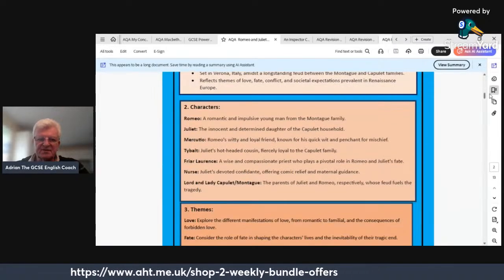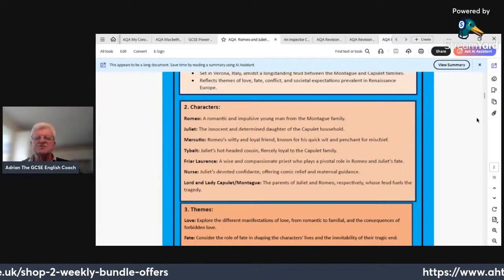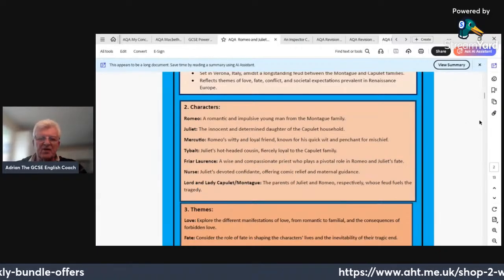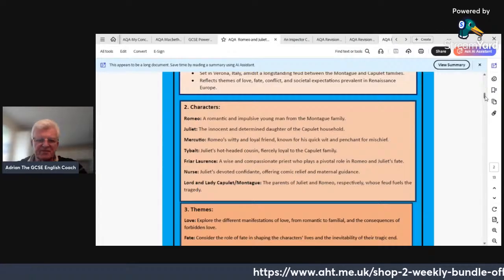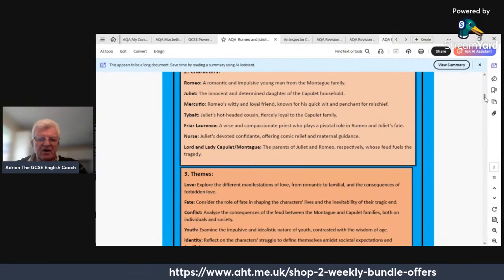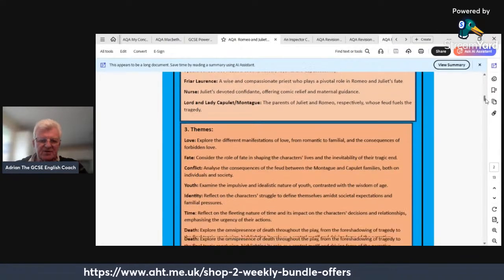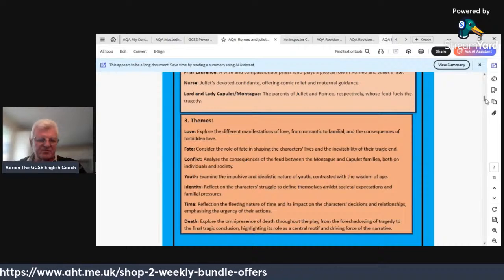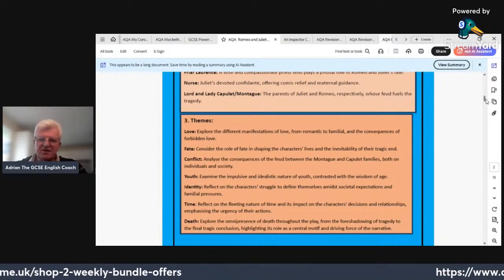It gives all the characters, not making lots of distinct full paragraphs about every single character, but enough to give us some background. Talks about the very important themes, and these are incredibly important.